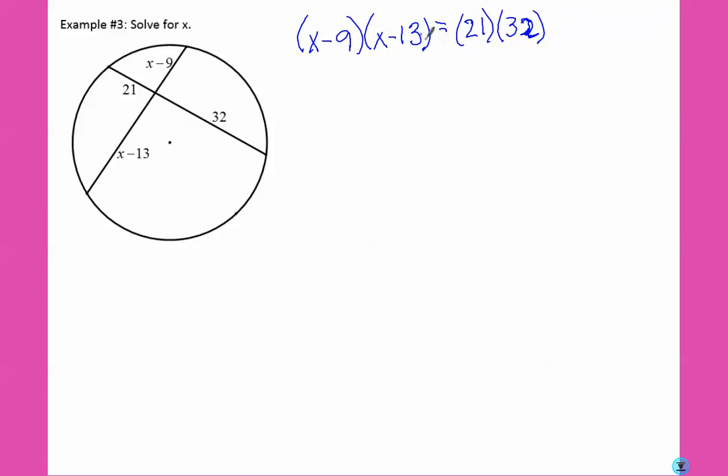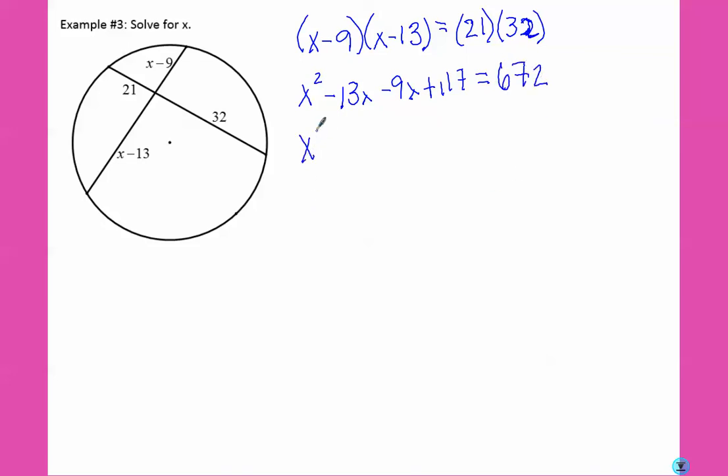So double distribute: x squared minus 13x minus 9x plus 117 equals 672.